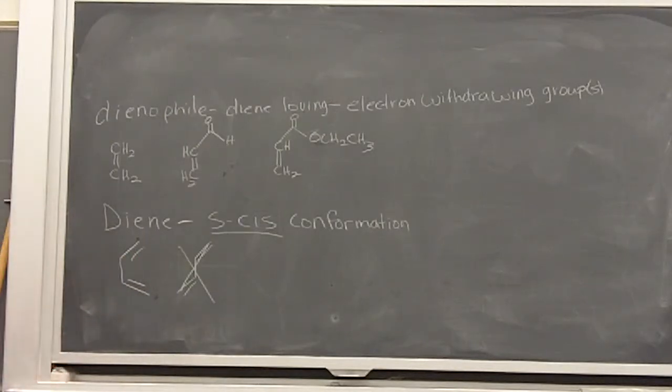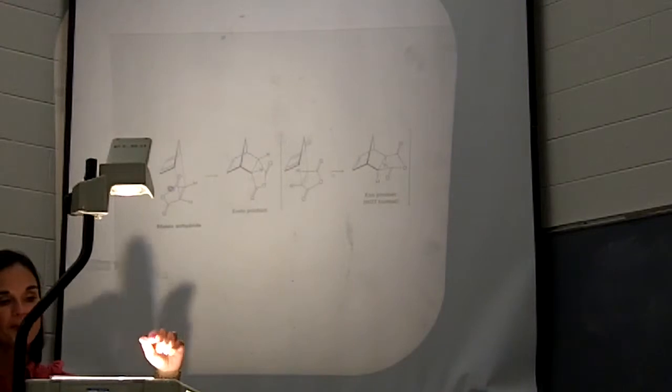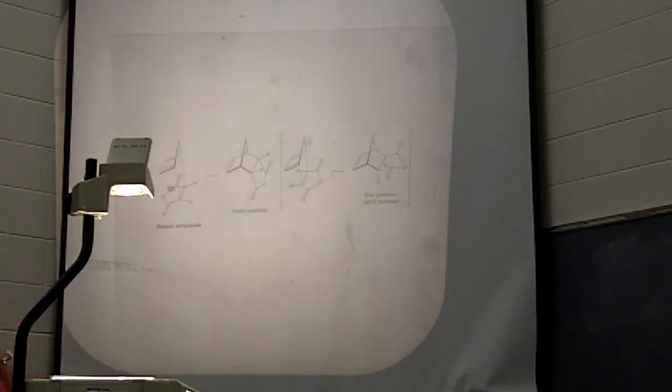Now, like I was talking about, stereochemistry is conserved through this reaction. And we've got some new terminology in the stereochemistry that we need to talk about. What we want with this reaction is as much orbital overlap of those pi orbitals as possible, okay?